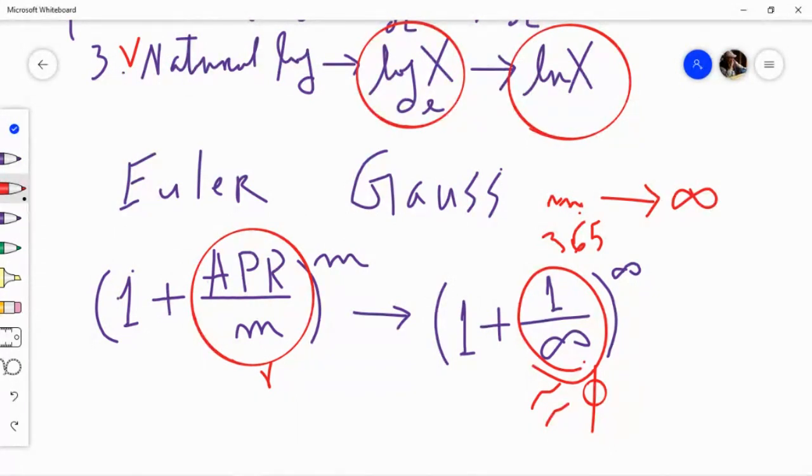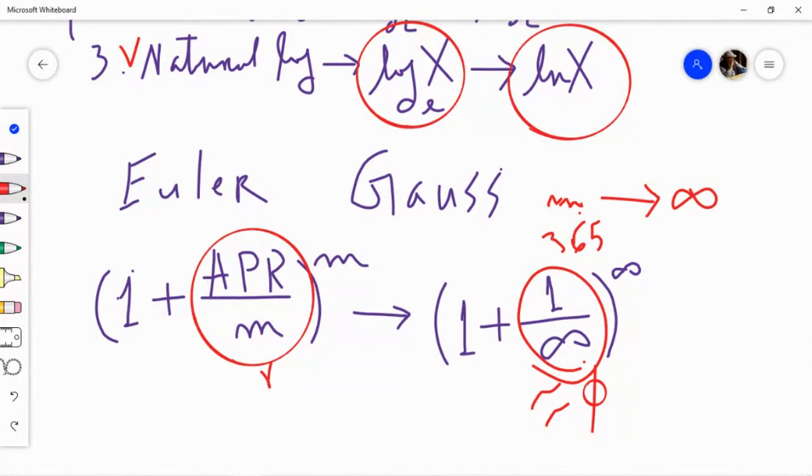So then think about it. This number in the parenthesis is just slightly greater than 1. It's 1 plus an infinitesimal number, 1 plus an infinitely small number. So it's not exactly 1. It's very slightly greater than 1.